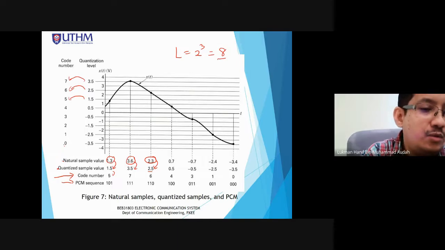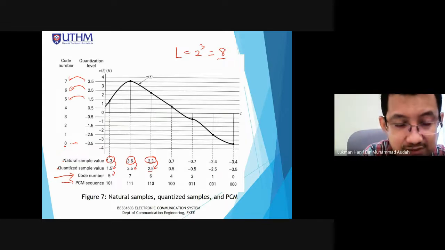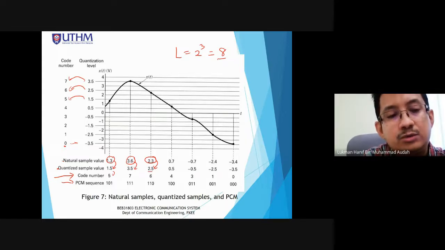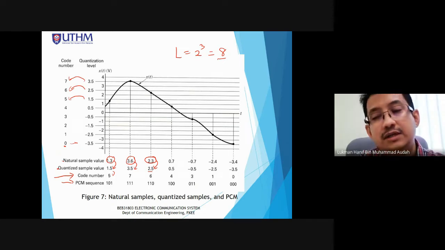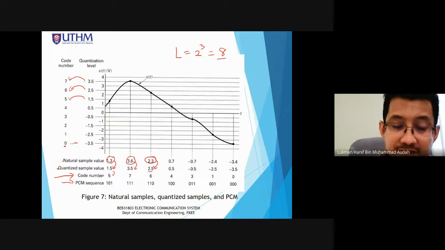Contoh di sini, kalau ada 8, bermakna biasanya, ni cara menulis apabila kita assign code number, normally most of the time we assign zero code number for the lowest level. Ini pada kebiasaannya. Tetapi dalam practical cases, ada pelbagai kaedah untuk assign code number. Ingat kelas, dalam dunia sebenar ada pelbagai kaedah untuk assign code number for each quantization level.